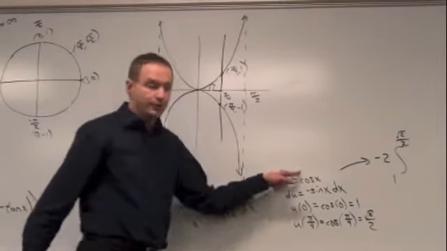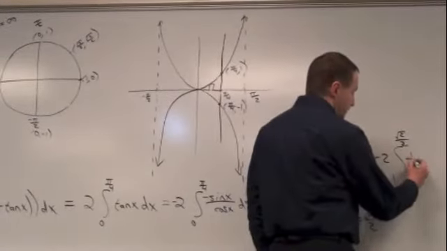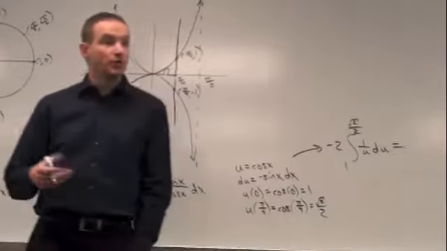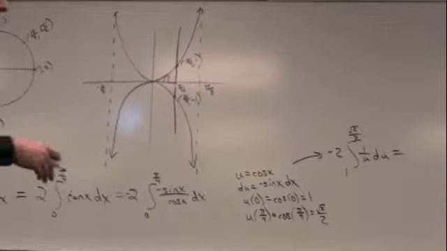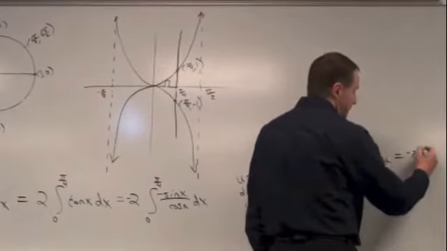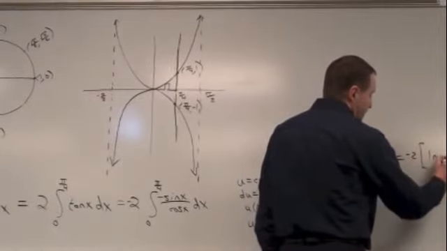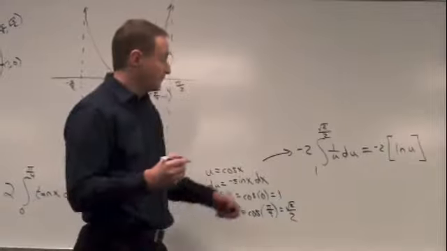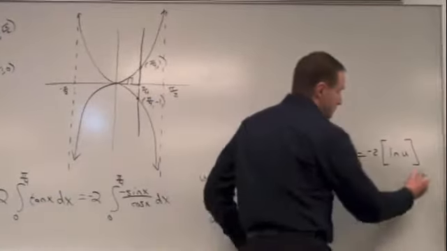The other factor is 1 over u, so we have 1 over u du. We know what to do. That's the natural log of u. I don't want to put the plus C since this is a definite integral. I'll have negative 2 natural log of u. No need to put the absolute value because both of our limits of integration are positive.